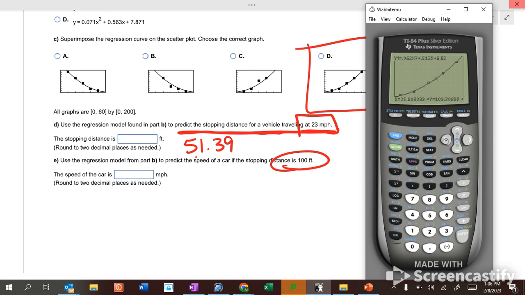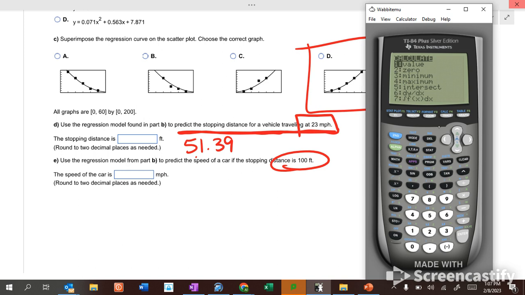I mean, there's ways of finding exactly 100. One way is to go to Y equals and make Y2 equal to 100. We want our Y value equal to 100. And then if we click graph, what do you think I'll do next to find the Y value that's equal to 100? Find the intersection of those two.